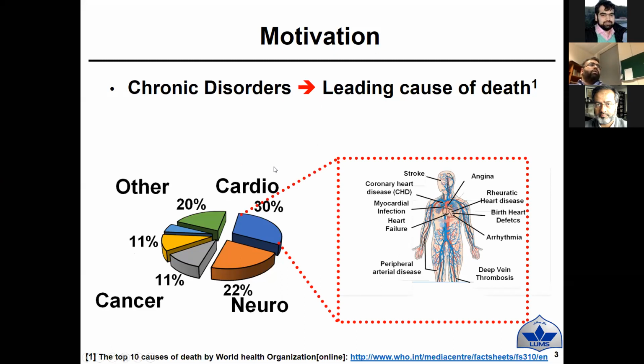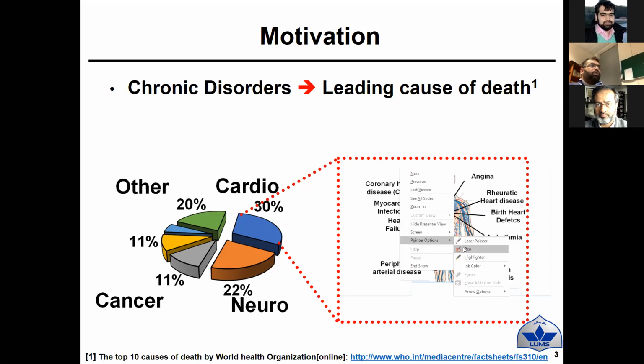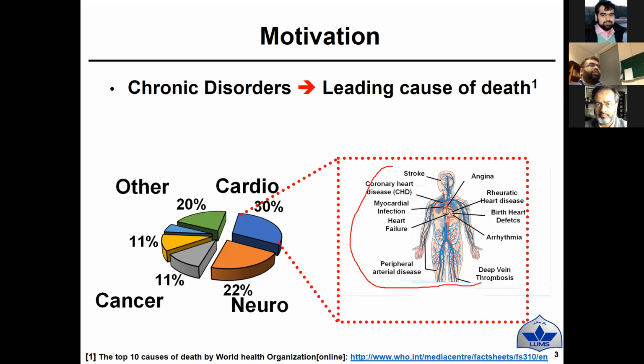But a lot of technological advancements have happened in the past, I guess, 2 or 3 decades, but still we are at the same pace. The chronic disorders and the deaths because of them are on the rise, and we are still not able to cure them. The reason somehow lies in the overall configuration of these disorders.